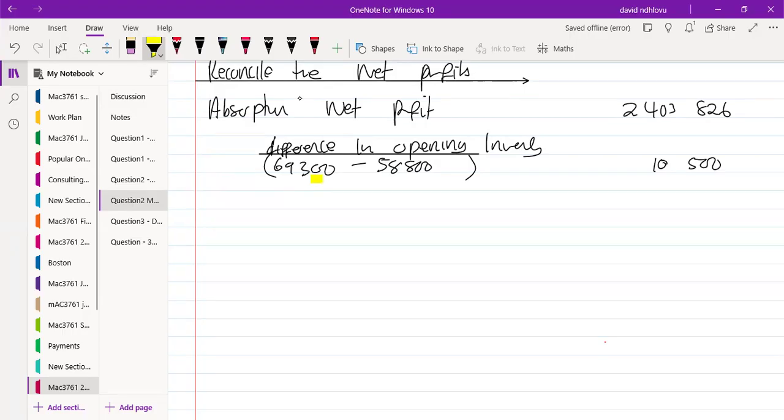So if I'm going to calculate from my absorption costing and achieve variable costing, I must add back this difference. Right, good people, are we clear on this? Are you understanding it?